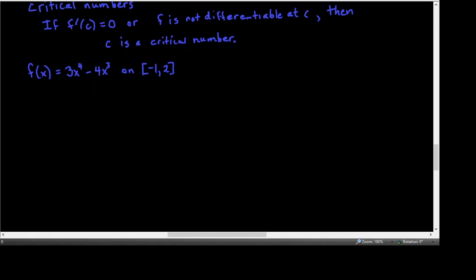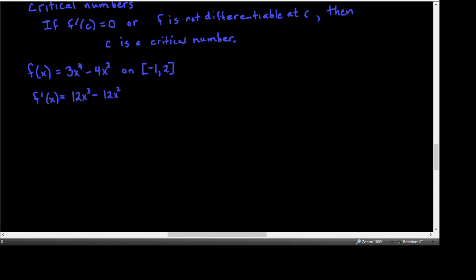All right, so the first thing to do is to find your critical numbers. The critical numbers depend on the first derivative, so we need to find that. The derivative of 3x to the fourth is 3 times 4x cubed, or 12x cubed, minus 4 times 3x squared, which is 12x squared.